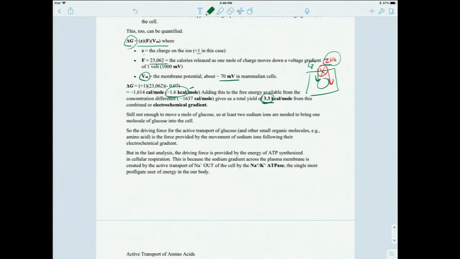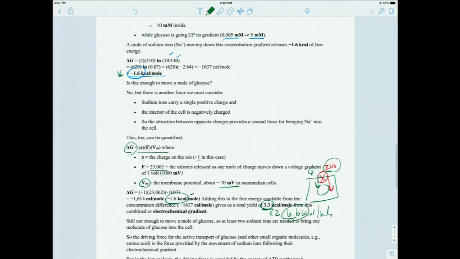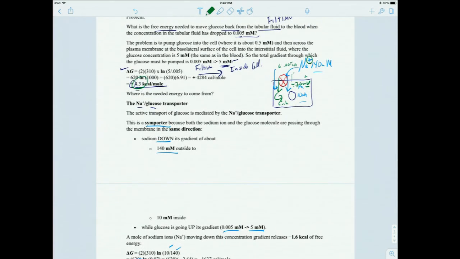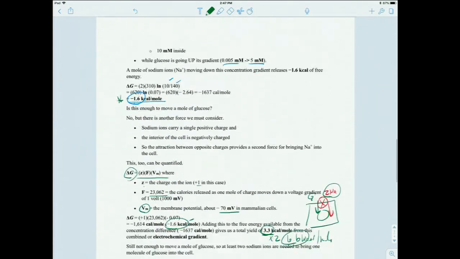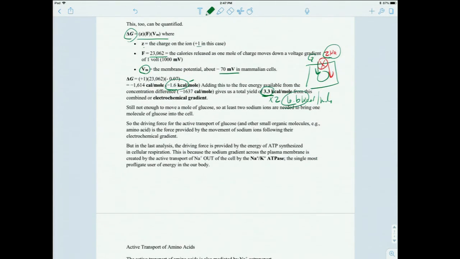So now that I'm having 2, and again, concentration is the same, the voltage is the same, therefore I can double that, and I get 6.6 kilocalories per mole of energy made available. Now we're in a good place, because now I've got 6.6 kilocalories of energy available with this pump, and I only need 4.3 to move the glucose, so now I have enough energy to push that glucose up its concentration gradient.